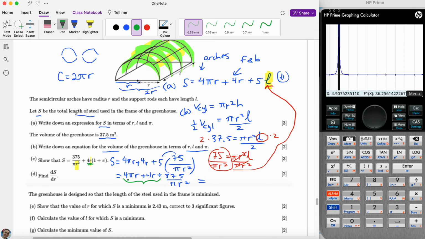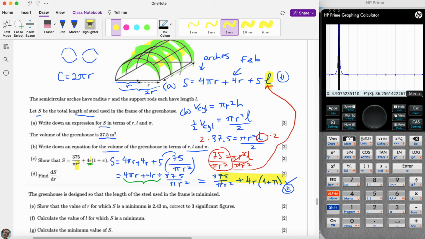They have factored out the 4 and the r, so we have 375 over pi r squared, and then 5 plus 4r, and then 1 plus pi. There it is. Beautiful.